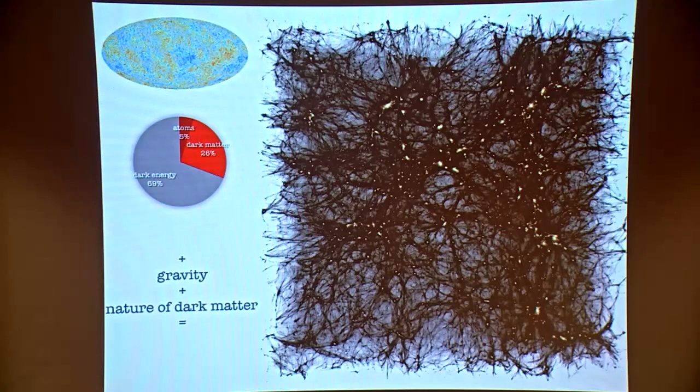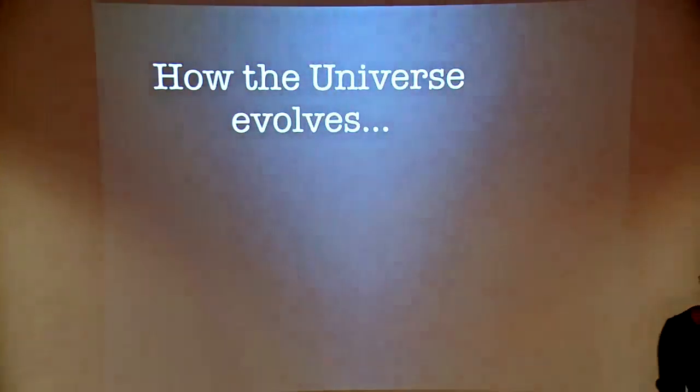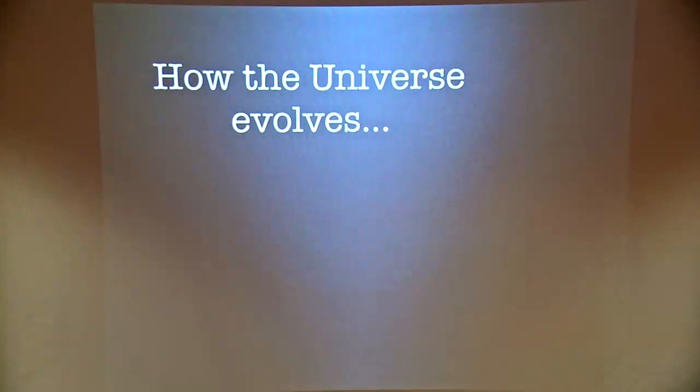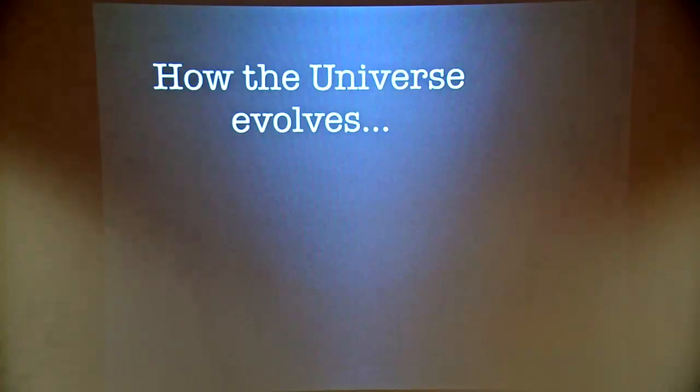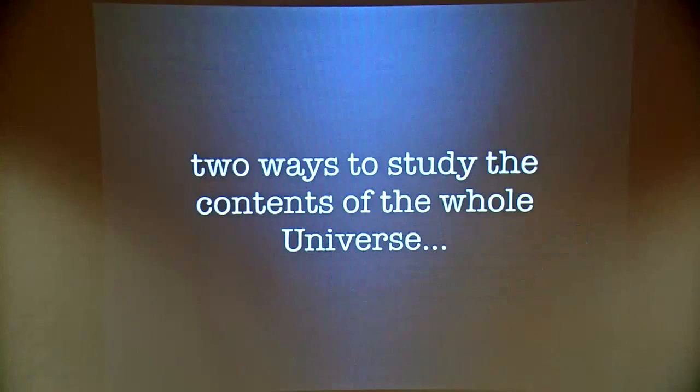Okay. So that picture I showed you actually depends on what the universe is made of. So it depends on that pie chart. Okay. So how do we figure this out? So there's two main ways I'm going to talk about that we study the contents of the entire universe. Okay.